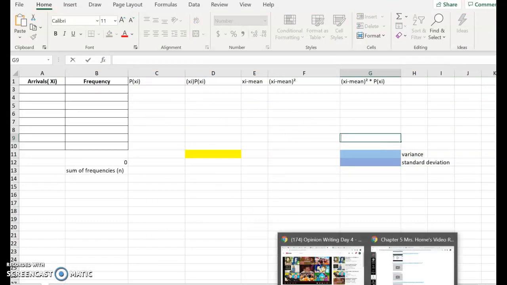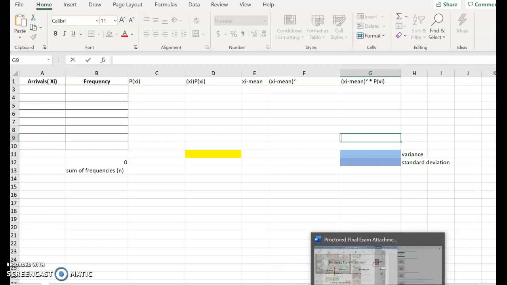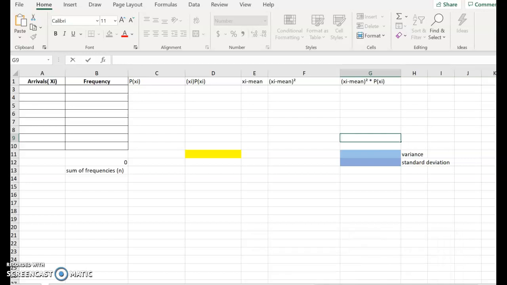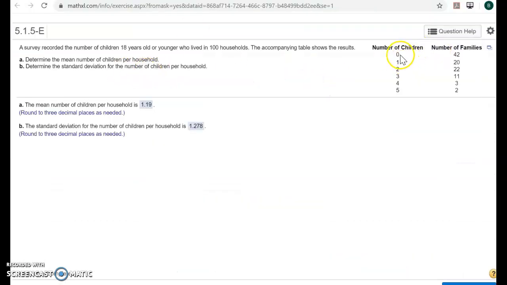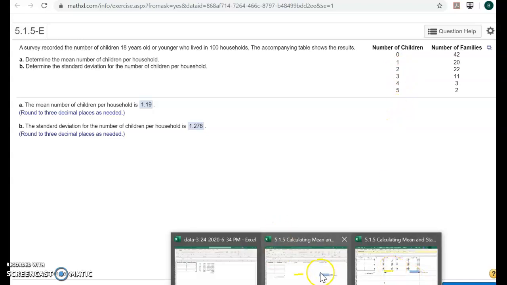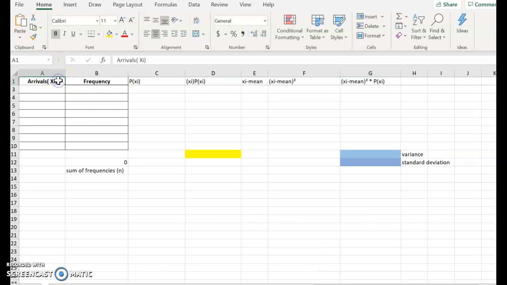Now everything we're doing in Excel you could technically do on paper. So let me go back to the problem, and I'm going to enter the number of children 0, 1, 2, 3, 4, 5 into my spreadsheet. This is children, and in your formula this is going to be XI.